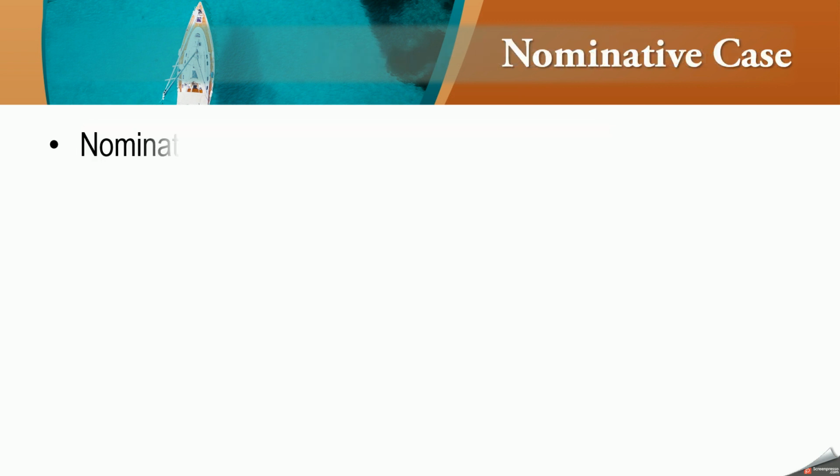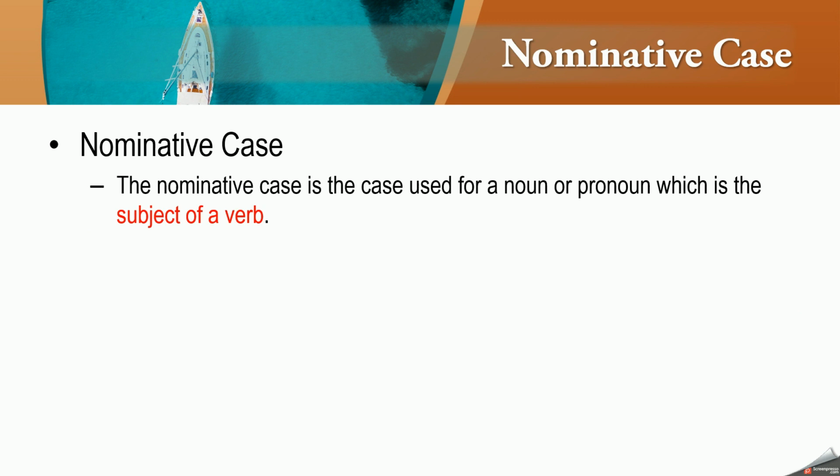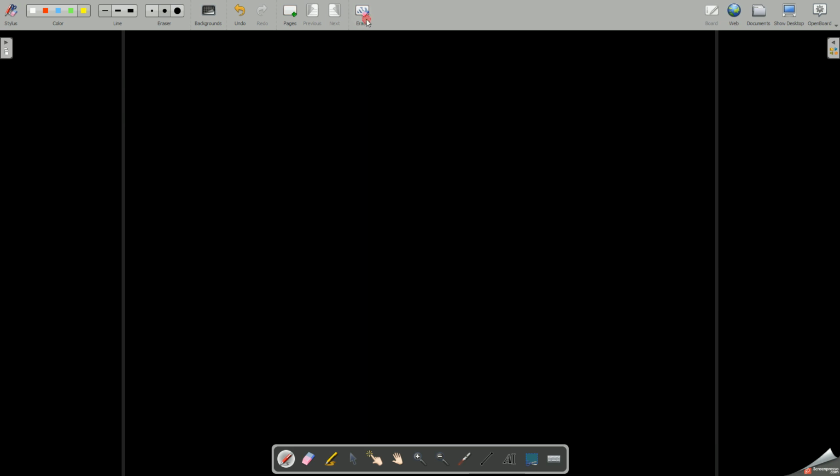So what is nominative case? The nominative case is the case used for a noun or pronoun which is the subject of a verb. For example, Mark eats cakes. He eats cakes.